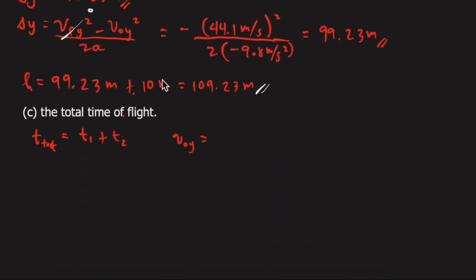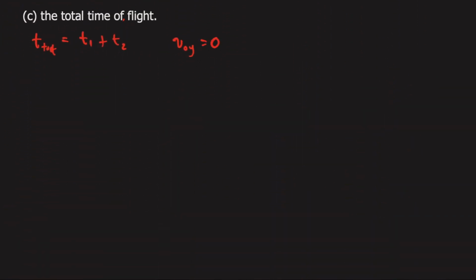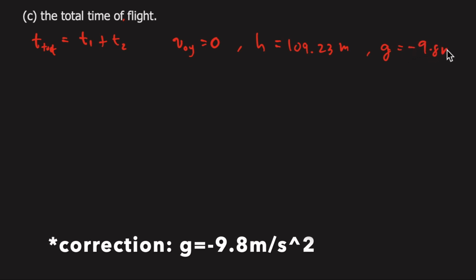And we are also given our height, which is equal to 109.23 meters. And of course, we have g, which is negative 9.8 meters per second squared.